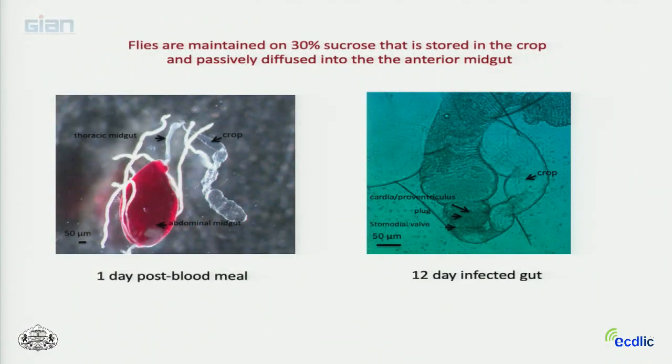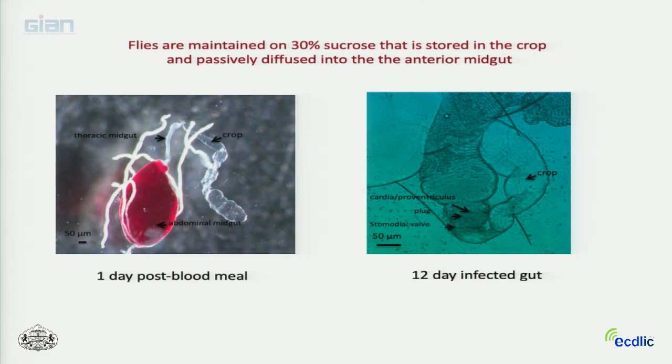And our flies, and most people who have sandfly colonies, we maintain our laboratory flies on 30% sucrose, which more or less matches the concentration of sugars found in the natural nectars and saps that sandflies normally feed on when they feed on plant sugars, okay? That's the concentration of the various sugars in normal plant sugars. So that's why we use 30% sucrose.